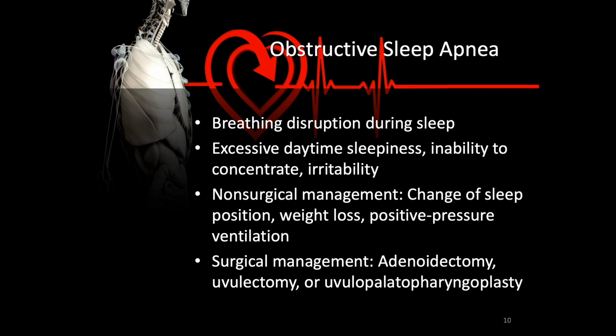Signs and symptoms of OSA include excessive daytime sleepiness, the inability to concentrate, and irritability. Non-surgical management includes the change of sleep position, that is, sitting the patient up, encouraging weight loss, and positive pressure ventilation, while surgical interventions may include a simple adenoidectomy, uvulectomy, or remodeling of the entire posterior oropharynx, which is known as, ready for this, uvulopalatopharyngoplasty, or UPPP.